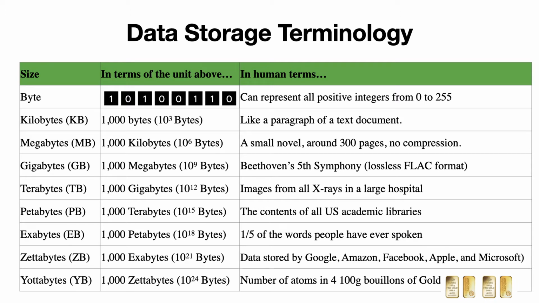You can store in an MP3 with lower quality in less than 1 gigabyte. But if you want to preserve the highest quality possible of Beethoven's Fifth Symphony, it will be something like a gigabyte, a little bit less than that, but you get the idea.